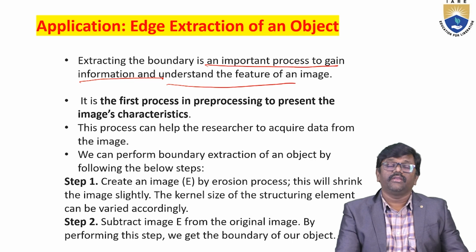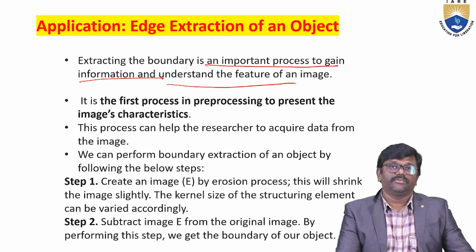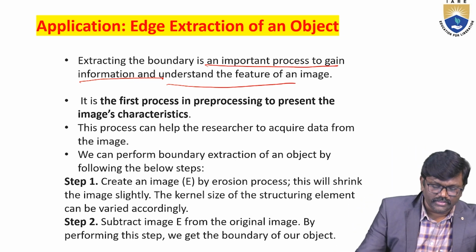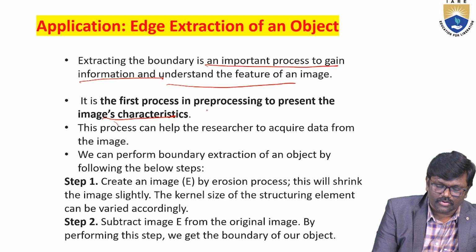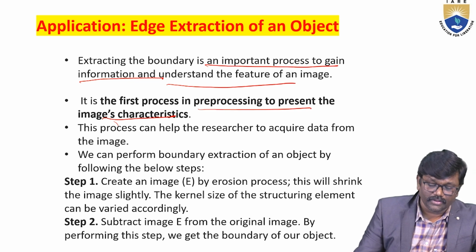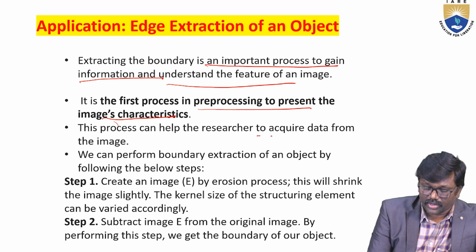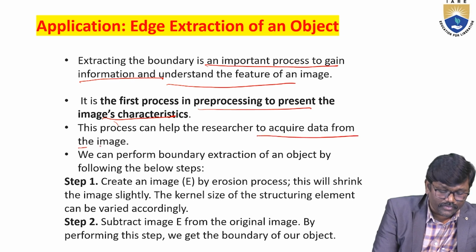There we can apply edge extraction of an image object, in terms of its characteristics. This pre-processing represents the image characteristics and can help the researcher acquire the data from the image.